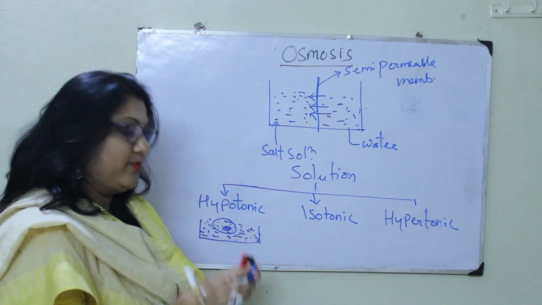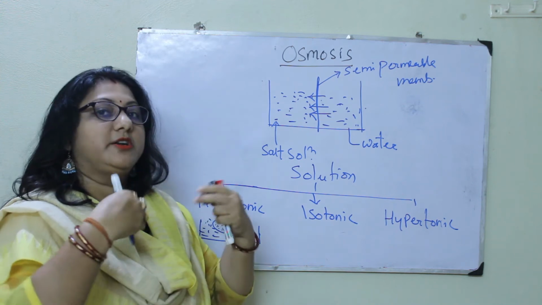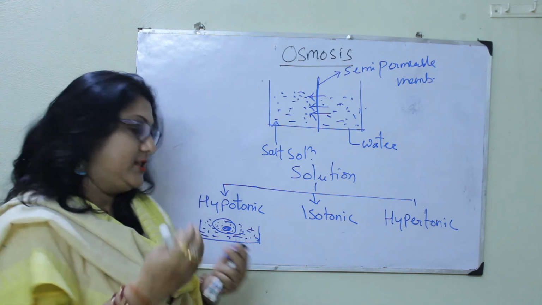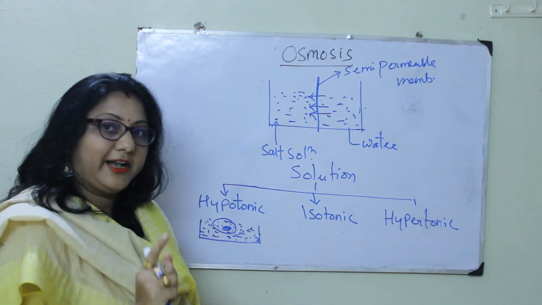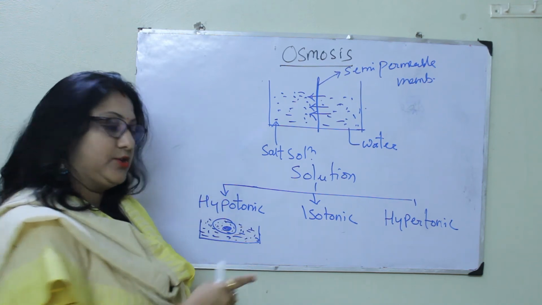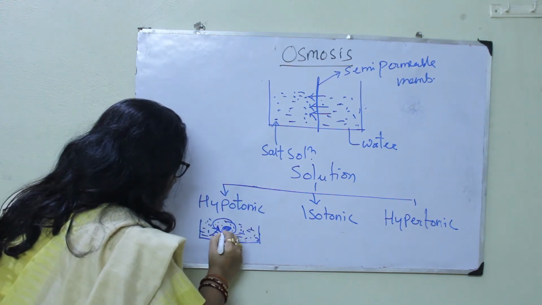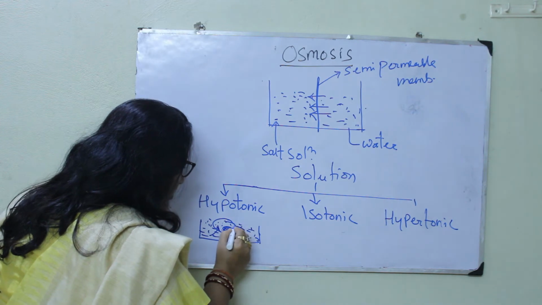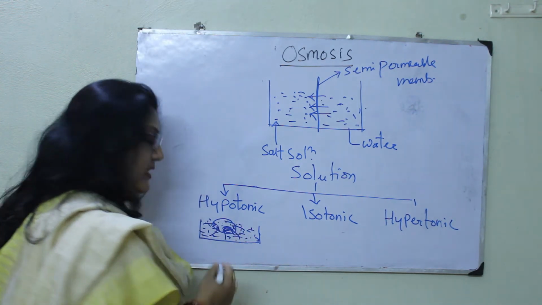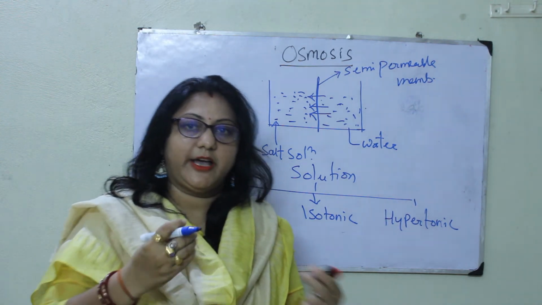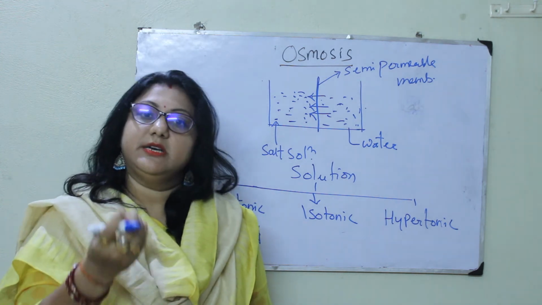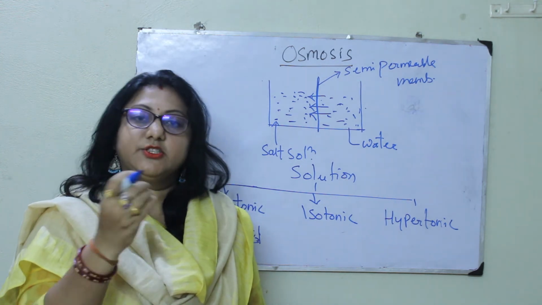Then what is going to happen? In what direction will the water move? The water will move definitely from its higher concentration area to low. So the water will start moving into the cell from the surrounding. Clear? This experiment you can try at home by using dry grapes.